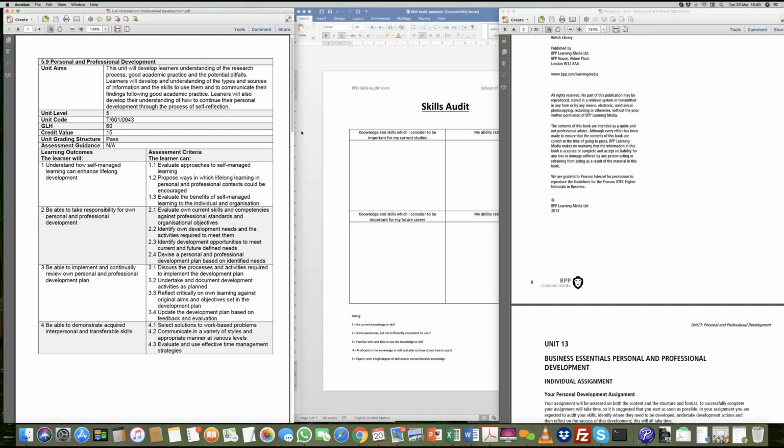We'll also look, in a bit of detail, at how we go about developing the skills and competencies once you've identified the ones you need.